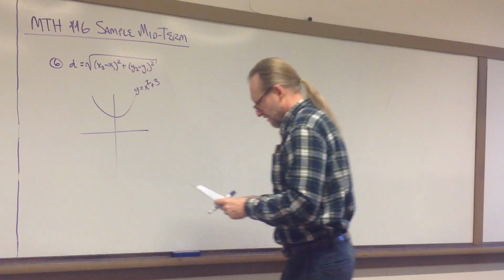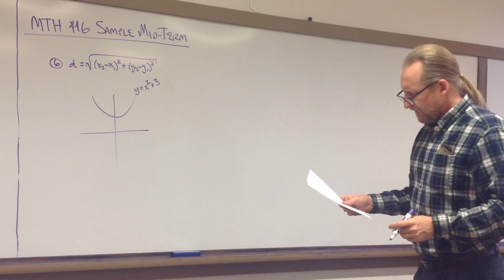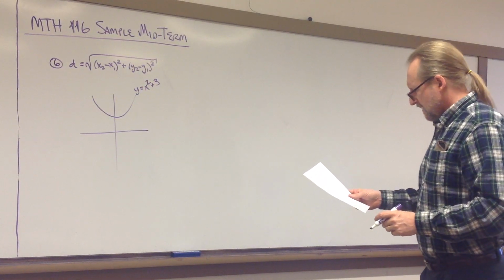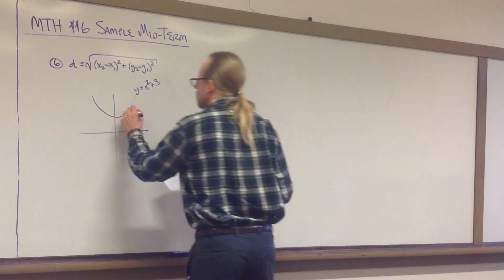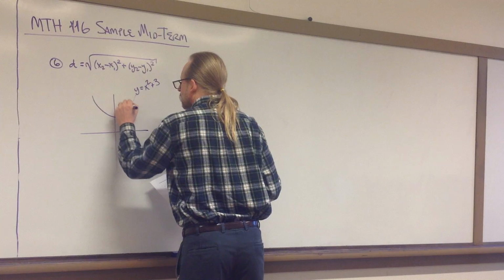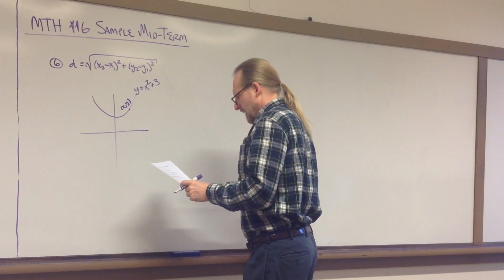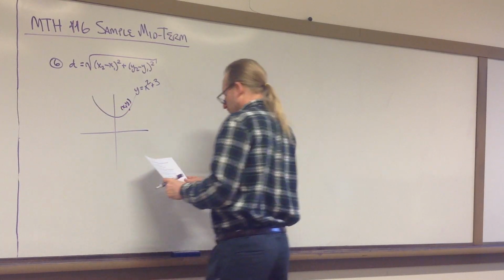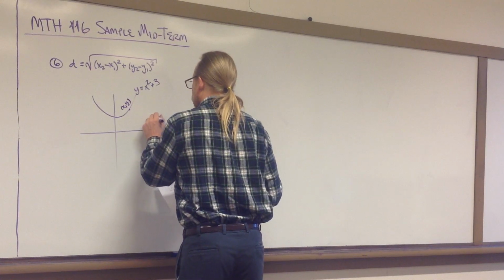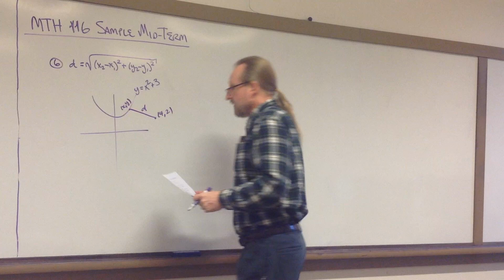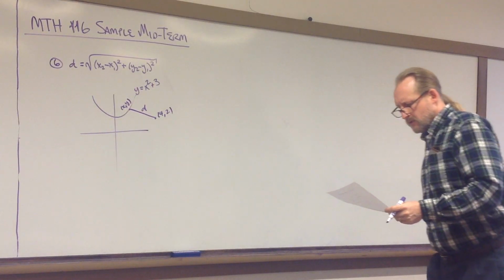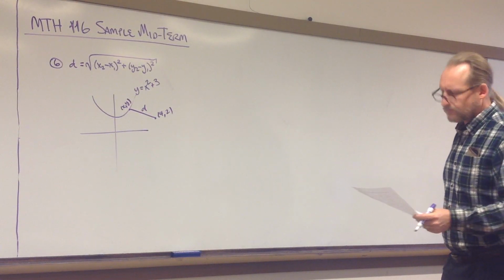And we want to find the distance between a point on the curve, x, y, and the point 4, 2. So that's going to be kind of out here somewhere, 4, 2. And we want to find the closest point on the curve to the point 4, 2.